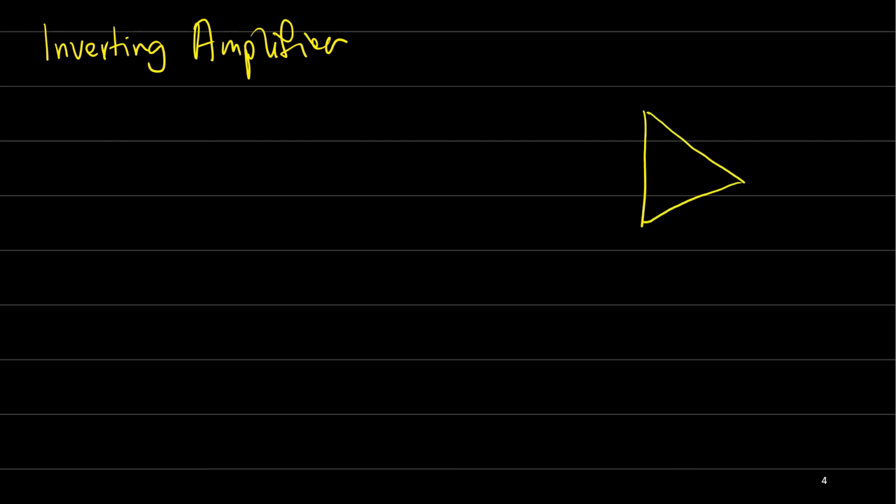We have the same circuit, but for this one, the non-inverting input will be grounded, and the feedback will be given to the inverting input. So this non-inverting input will be grounded.